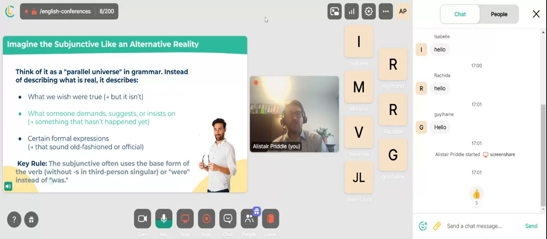So imagine the subjunctive like an alternate reality. Think of it as a parallel universe in grammar.